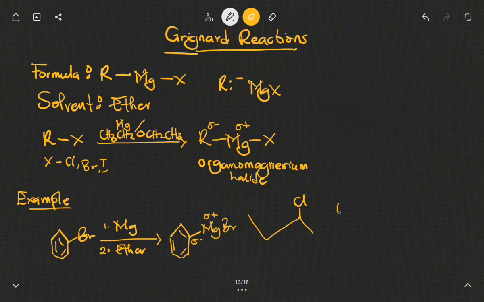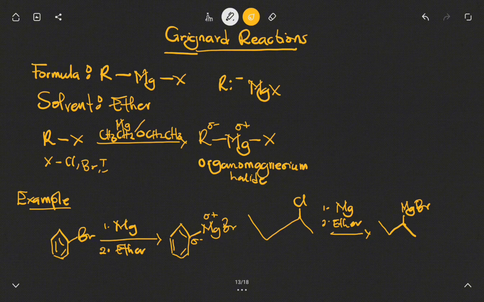Again, if you treat this with magnesium metal and ether, what we are going to expect is that we are going to have this, and over here we are going to have the MgBr. So it's very easy to identify what the Grignard reagent is going to look like if you are given a particular alkyl halide.